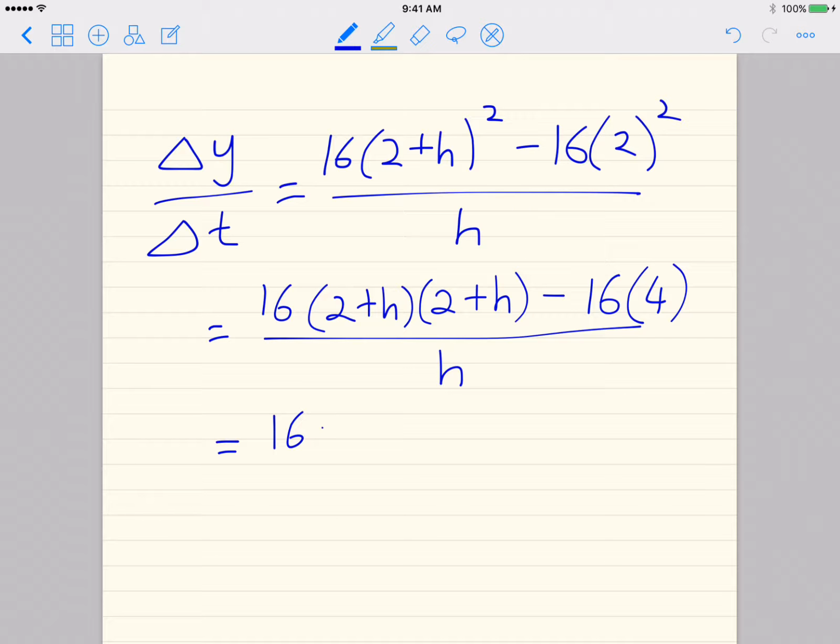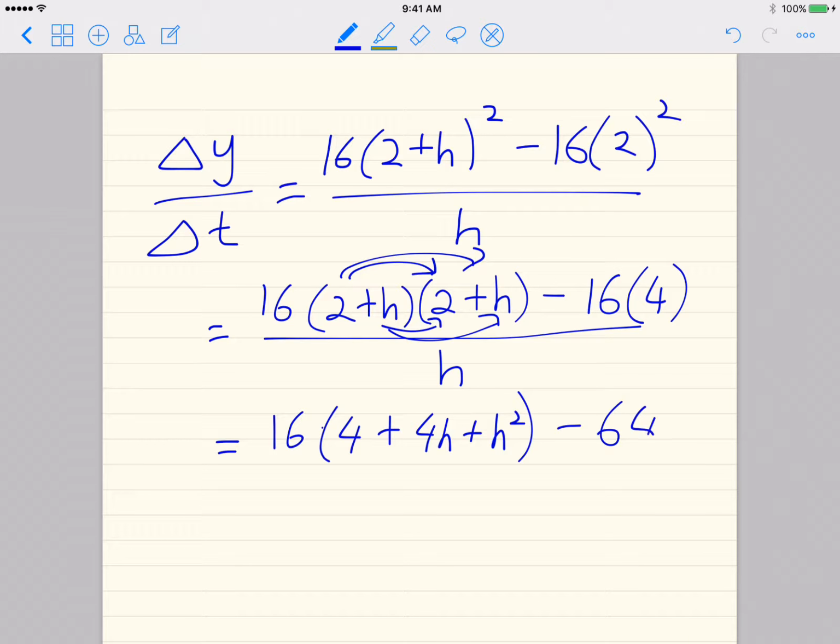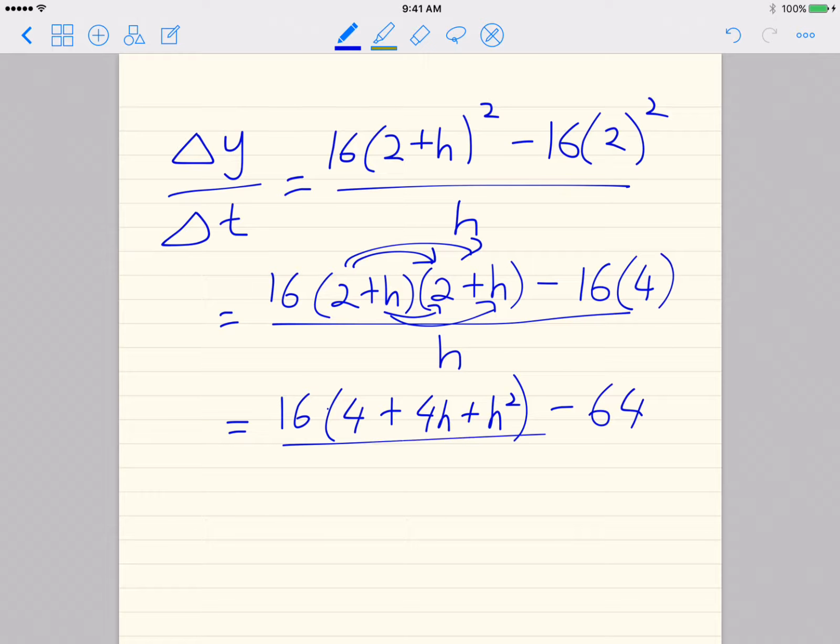I would recommend multiplying 2 plus h by 2 plus h first, because to me that's easier than distributing 16 to the first 2 plus h. If you use the FOIL method or the box method, the area model, whatever method you want to use, you get 4 plus 4h plus h squared. Subtract 64 all over h.